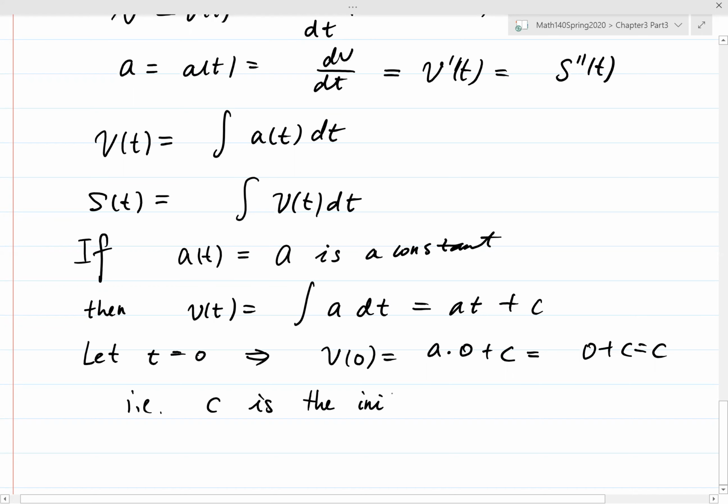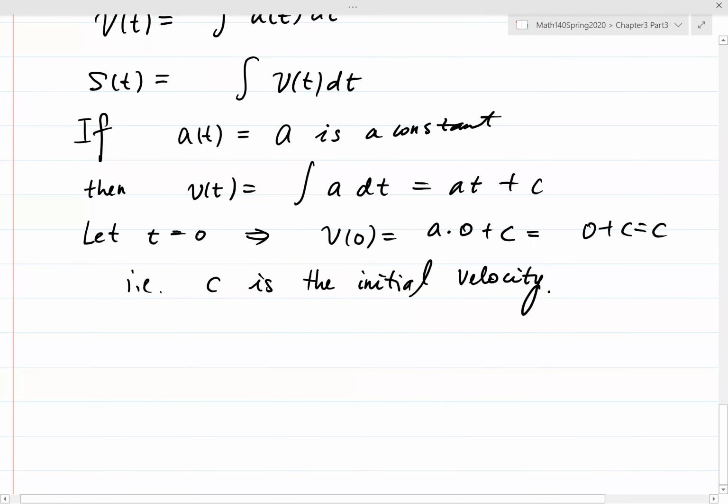So if we write the initial velocity as v0, we can write v of t as v0 plus at.